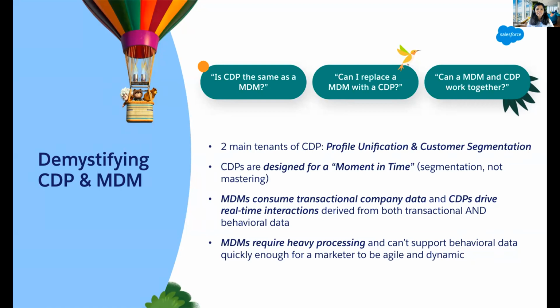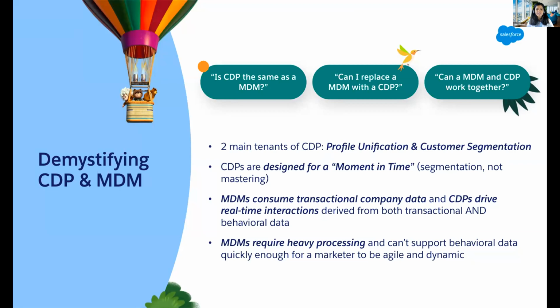However, CDP can consume master data provided to it, like say from an MDM, and use it for unification and harmonize it. Essentially, you can use a separate MDM tool and use the golden record ID provided by it and use it to unify all your records in CDP.